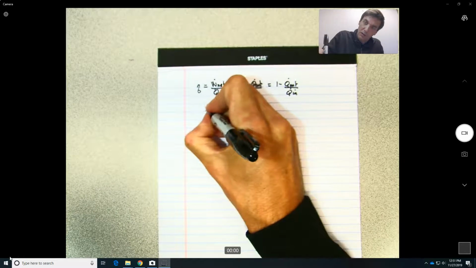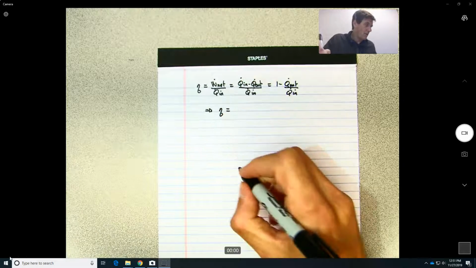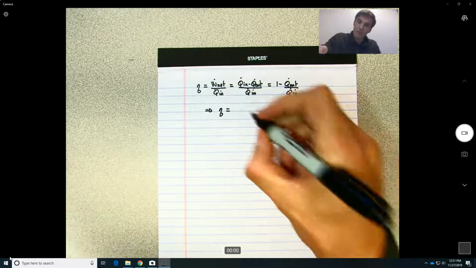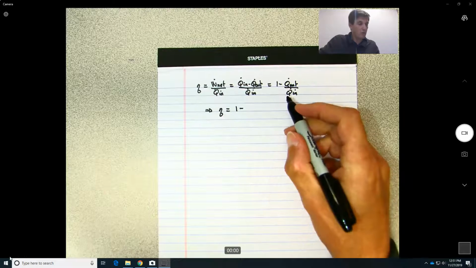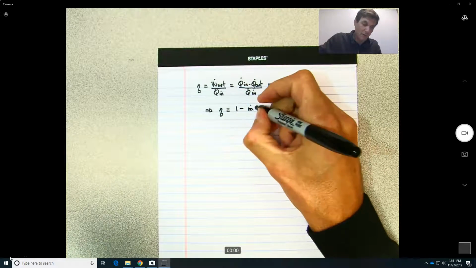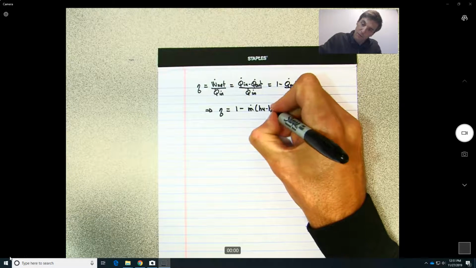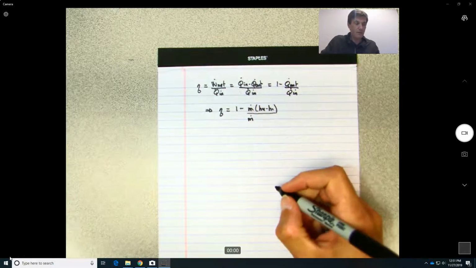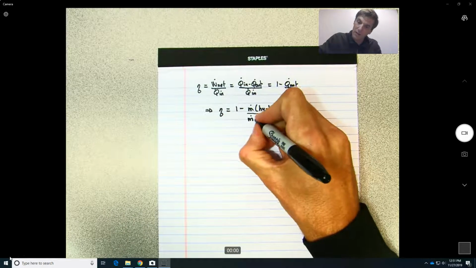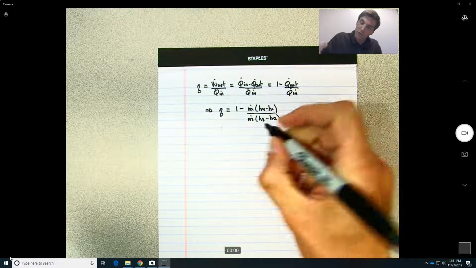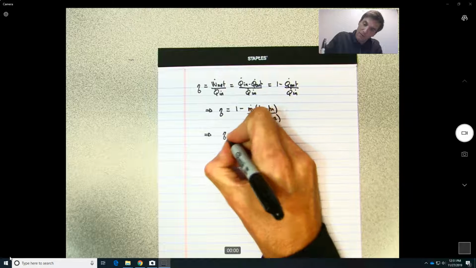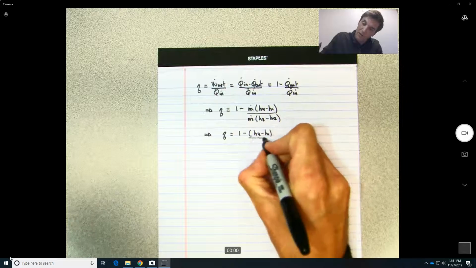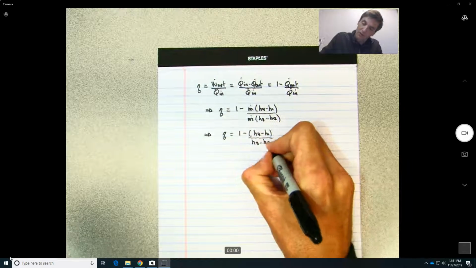And if we look at the equations from the previous page, this will give us 1 minus m(h4 minus h1) divided by m(h3 minus h2), or what is the same, 1 minus (h4 minus h1) divided by (h3 minus h2).